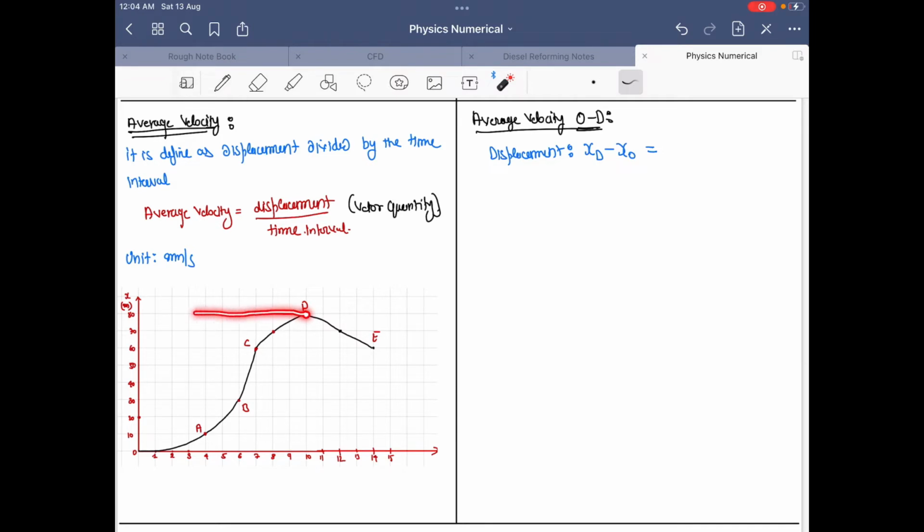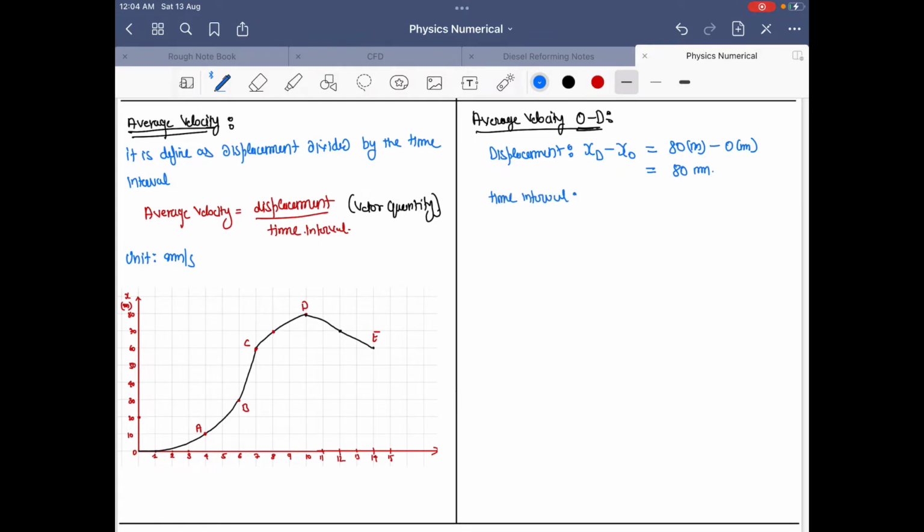The final position here at point D is 80 meter. We will write here 80 meter. And what is the initial position? Initial position is 0. We will write 0 meter. So the displacement in this case is 80 meter. Like this you have to find your displacement: final position minus initial position. Now let's look at the time interval.